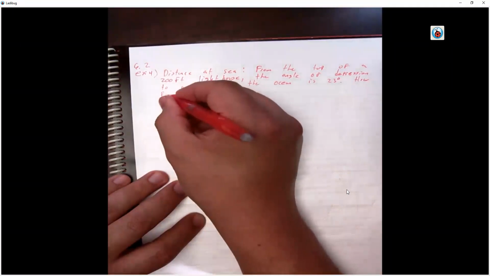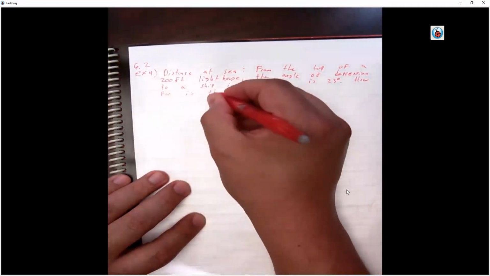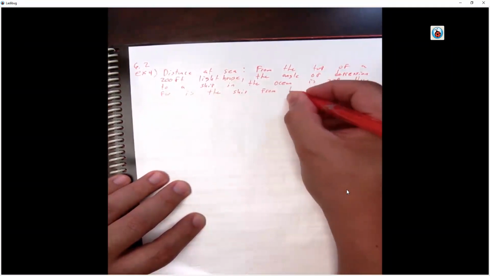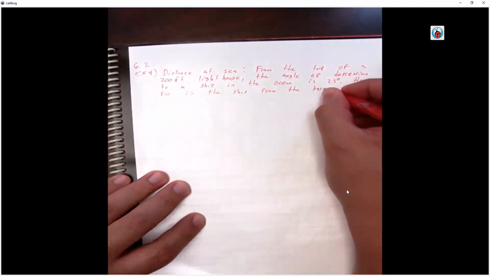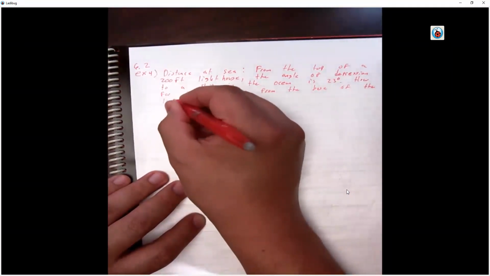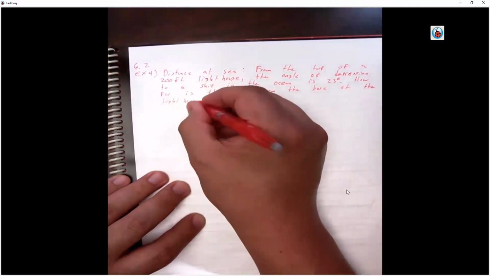How far is the ship from the base of the lighthouse? Does that say the angle of depression? Yeah. And I'm going to make a note of what that means in just a moment. So from the top of a 200-foot lighthouse, the angle of depression to a ship in the ocean is 23 degrees. How far is the ship from the base of the lighthouse?